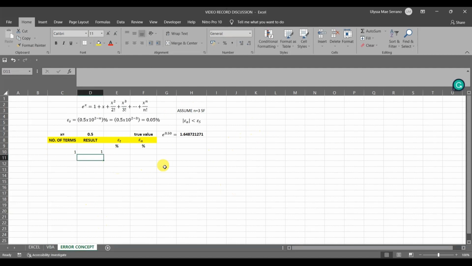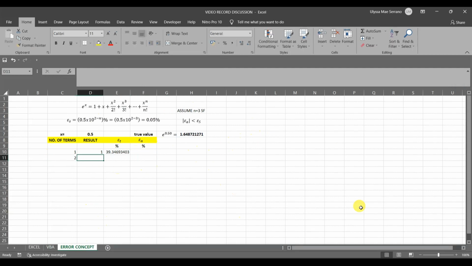So, this will be 1. And for the true percent error, the true value minus approximate value divided by the true value times 100. So, we will have here the value of 39.3569. So, for the epsilon sub A, wala pa tayo kasi wala pa tayong second estimate.